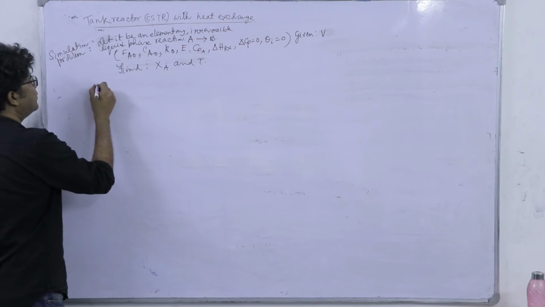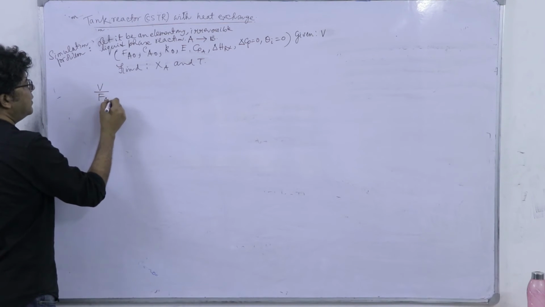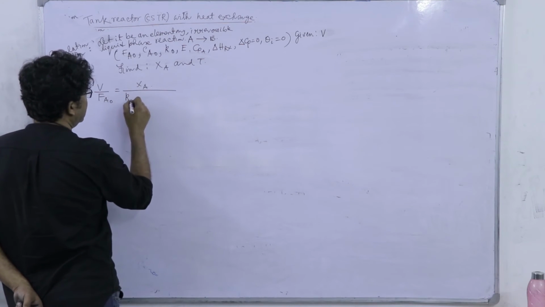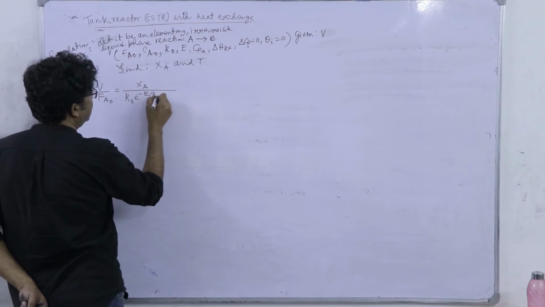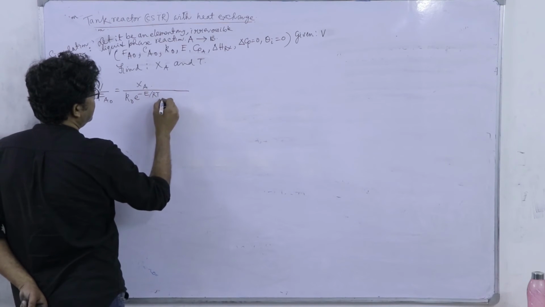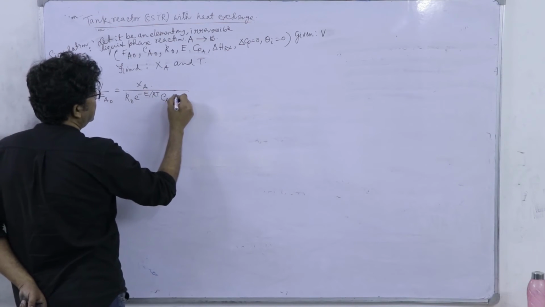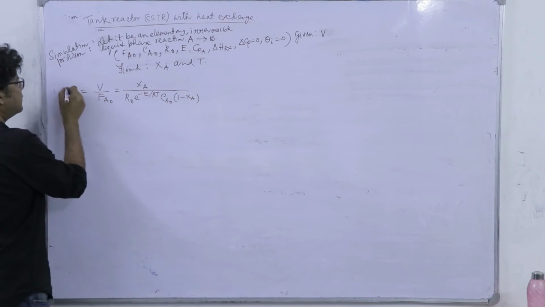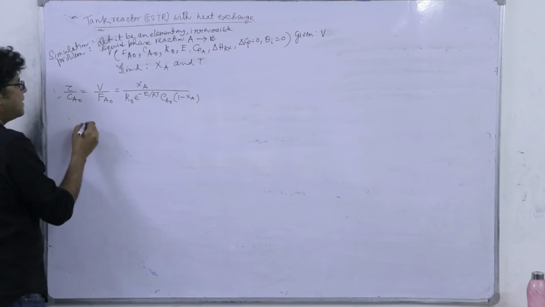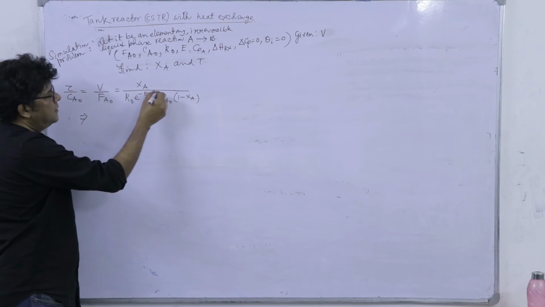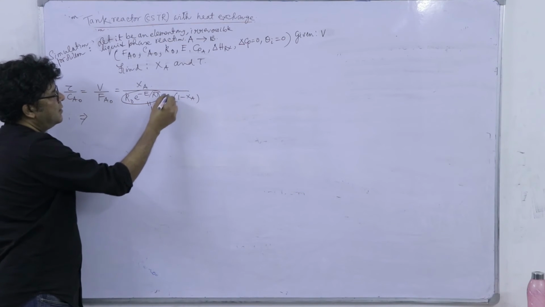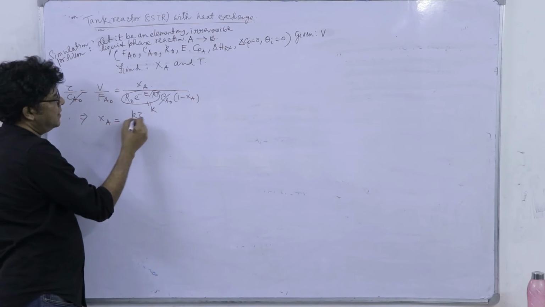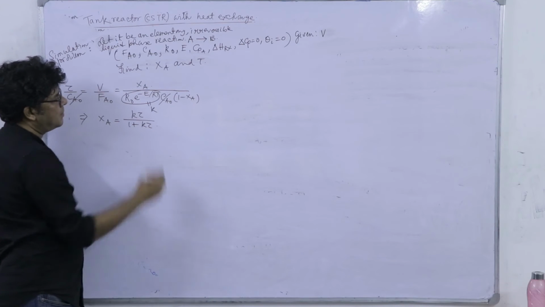So, you see we have this V by Fa naught equal to Xa, and for a first order irreversible reaction, K naught into e to the power minus E by RT into Ca naught into 1 minus Xa, and that is also equal to tau by Ca naught. So, we can write this is K. Ca naught cancels out, and Xa we can write as K tau divided by 1 plus K tau.